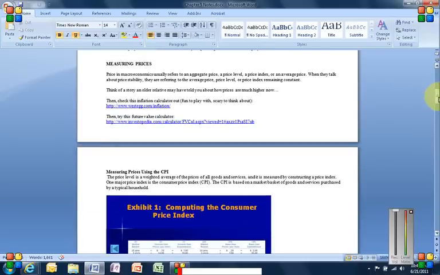So if we're measuring prices in macroeconomics, we're referring to aggregate prices. Now this happens as a result of measuring individual prices and tracking them over a period of time. There are workers, in fact, for the government that will go to the same location month after month and look for changes as small as 1 penny in the exact same products and services and report those to the central office, who then compiles national figures based on aggregate or all prices.